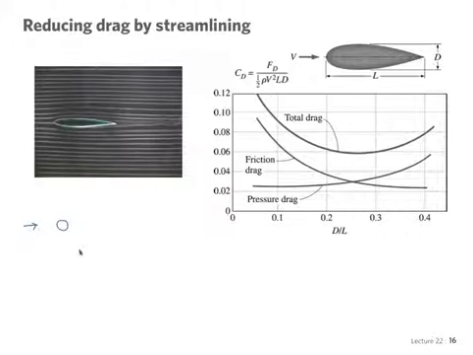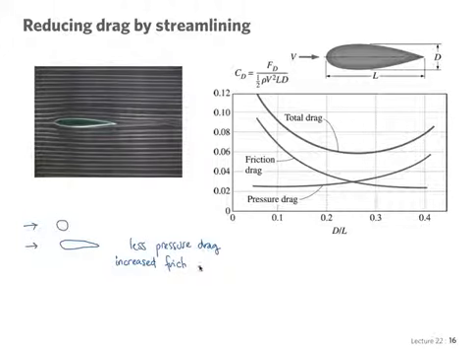A cylinder might look like that, and an airfoil will look like that for the same cross-sectional area. And so even though here we have less pressure drag, we have increased the friction drag because we've increased the area tangential to the flow.